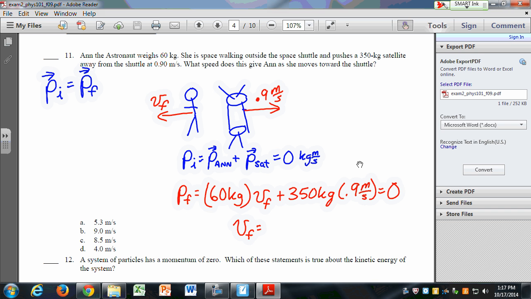Let's see, 350 times 0.9. It's 315. So it's going to be negative 315 divided by 60. It's 5 1/4. 5.3. So that's how you would solve for VF.